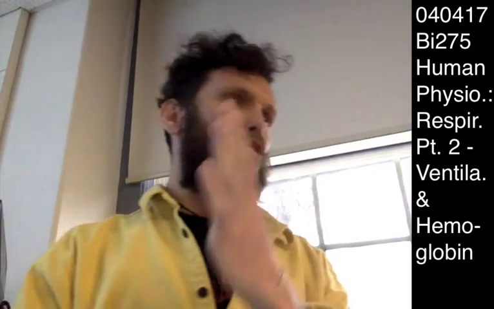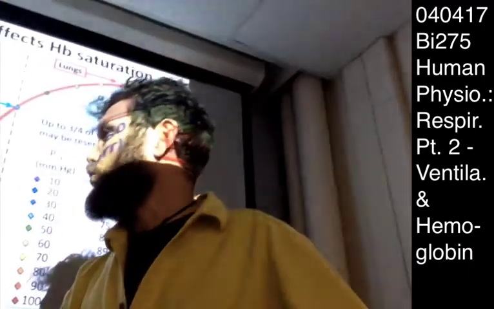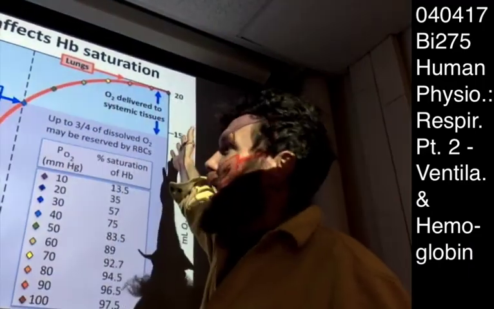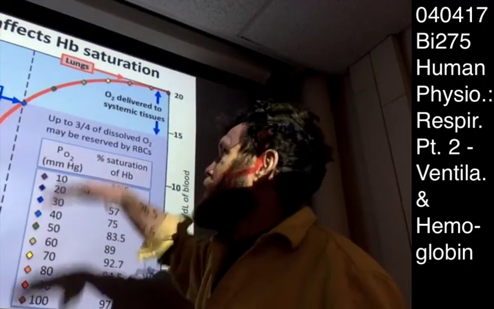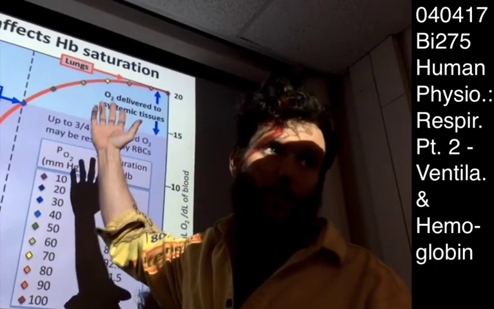Okay. So you following the rationale here behind the shape of the saturation curve? The shape of the saturation curve is a result of the allostery. All right. So when you are in the presence of oxygen, you're going to be able to bind oxygen more readily.